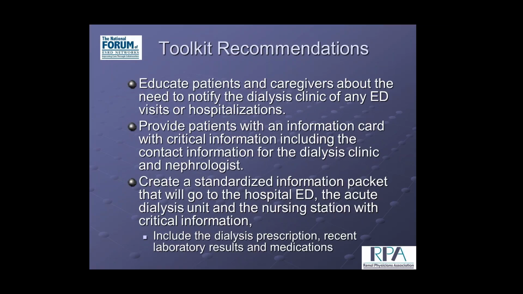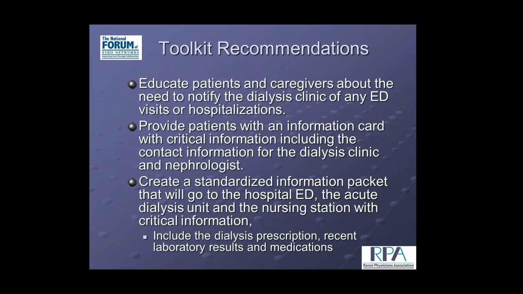So just a few of the specific recommendations in the toolkit are shown here. Some of them really start before the patient even is going to the emergency department or the hospital. The facility needs to know where the patient is, and the patient needs to let the hospital know where they get their dialysis. That can be an issue.